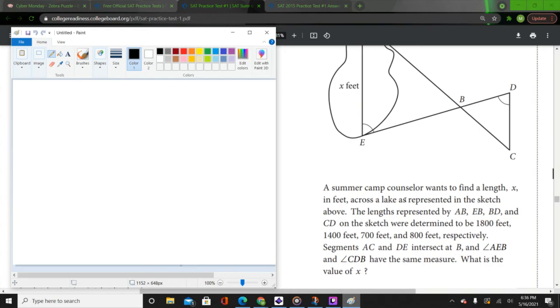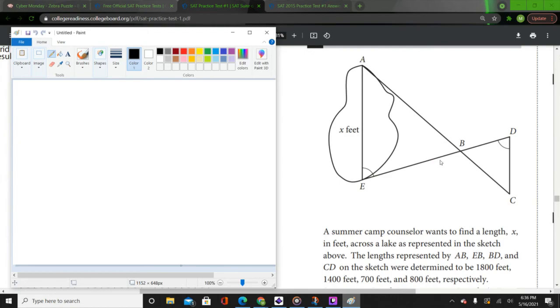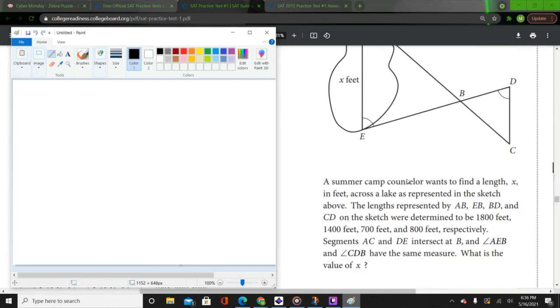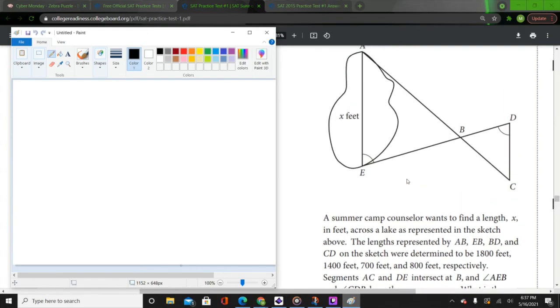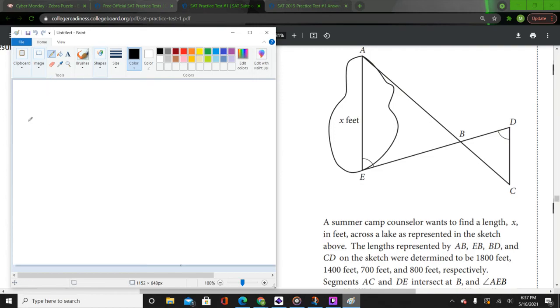I'm going to have to really redraw this image, which I don't want to do. We know it's similar. What is the value of x? So x is AE. We're trying to find AE. That's basically it.